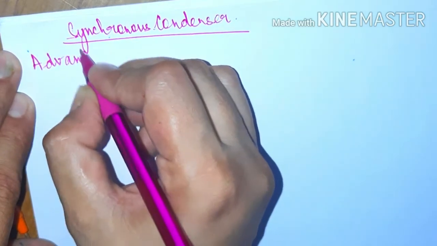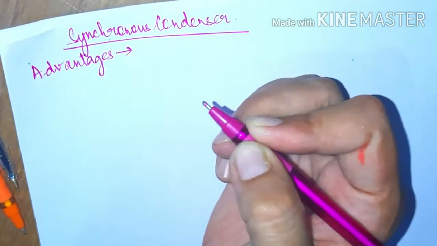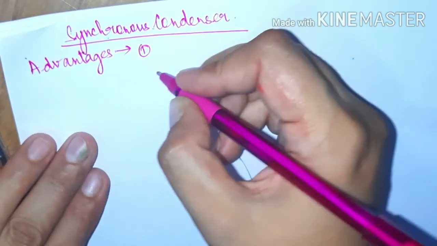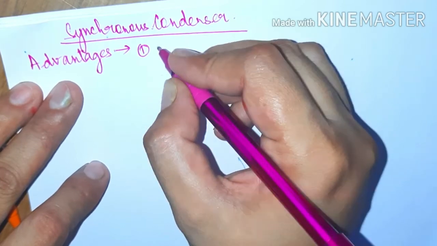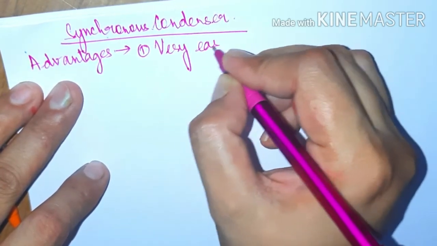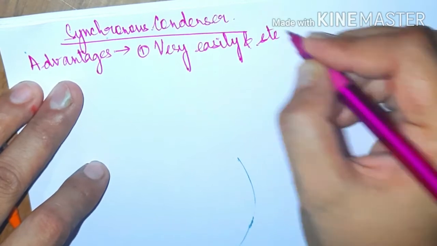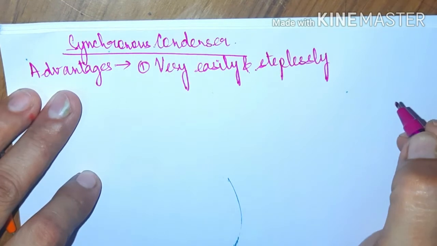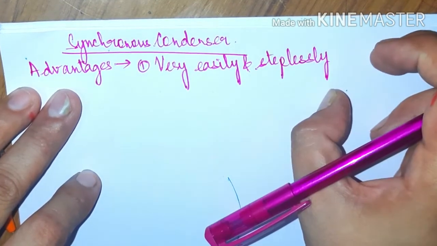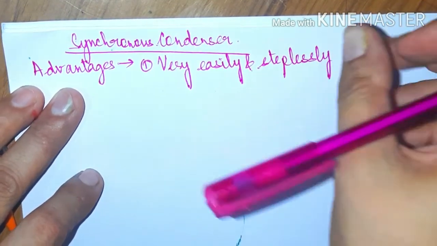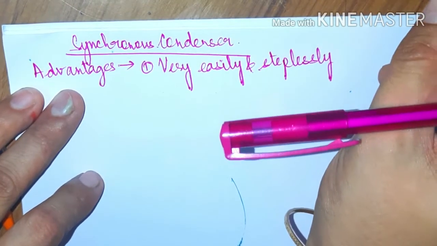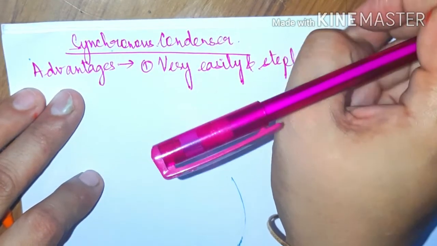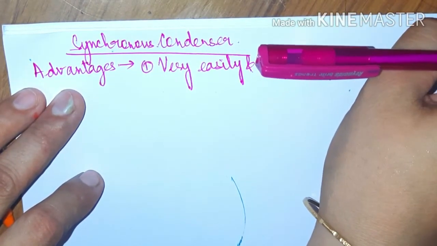As a synchronous condenser, everything has advantages as well as disadvantages. The first thing is that it works very easily and steplessly. In the case of a capacitor, when you wanted to reduce the reactive component of current, you would have to calculate and switch on a particular number of capacitors, or capacitor banks, in parallel.